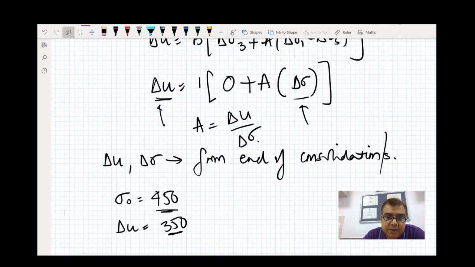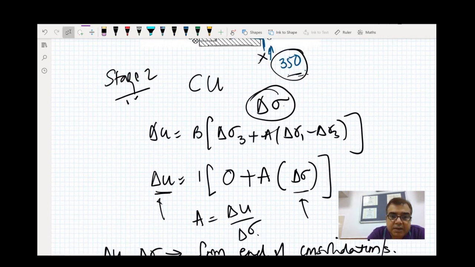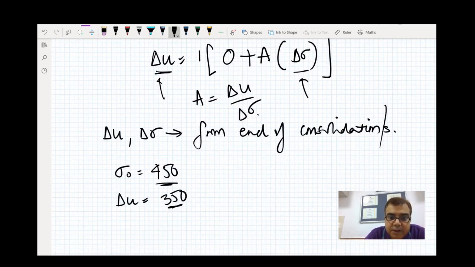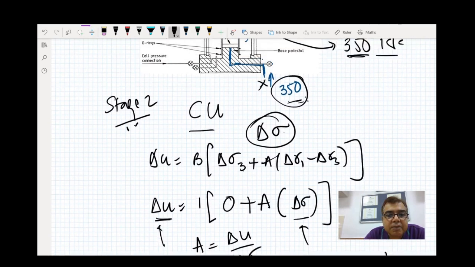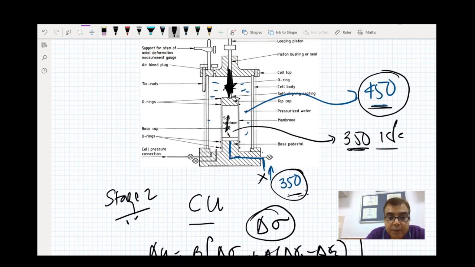Of course, if this was a drained test, if I go back, instead of a CU test, if I was doing a CD test. So in CD test, I would have then permitted the water to escape out from the sample.